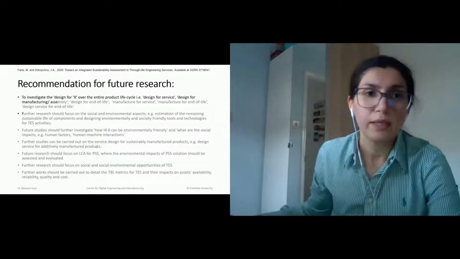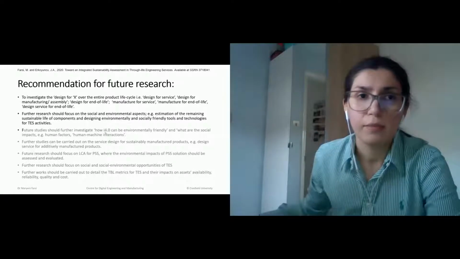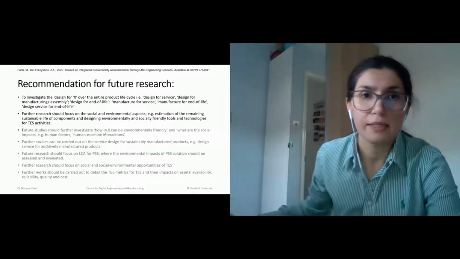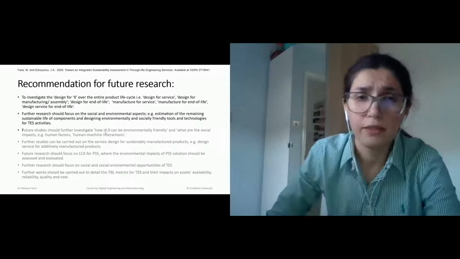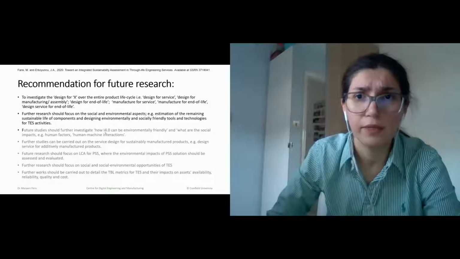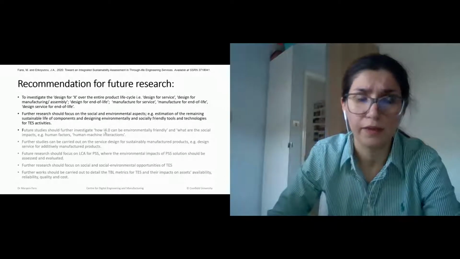For this bit, we can also look at some of the aspects such as design for end of life, manufacturing for service, or manufacturing for end of life, and so on and so forth.